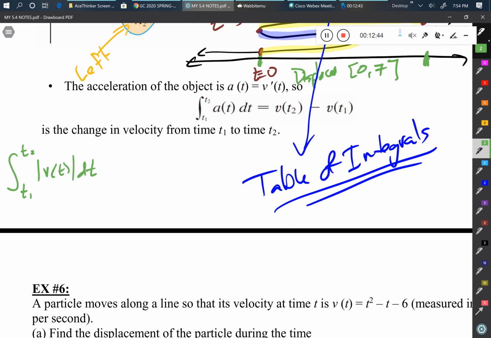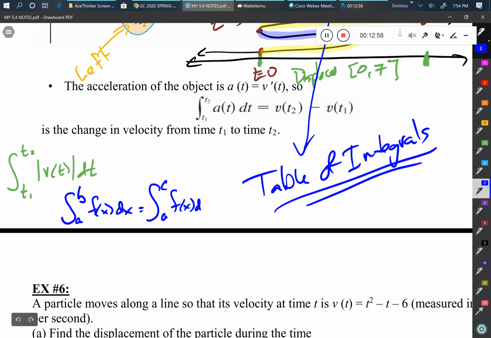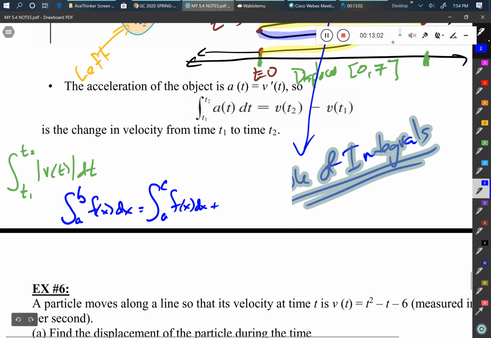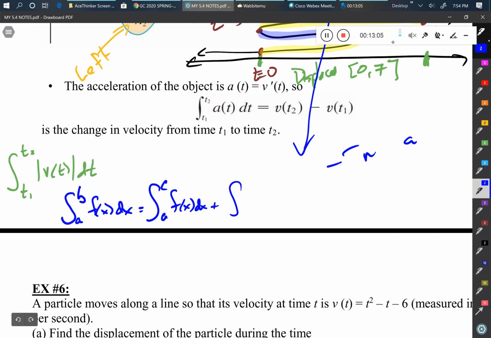So what we have to do is make use of a property that I'm sure you remember. The property said the integral from a to b of f of x dx is equal to the integral from a to c of f of x dx plus the integral from c to b of f of x dx.